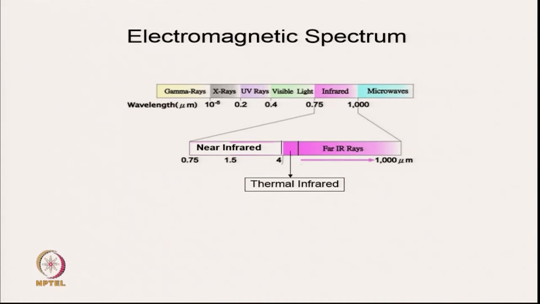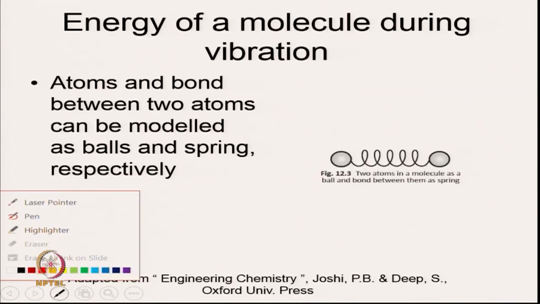One is near infrared, which goes from 0.75 micrometer to 4 micrometer, and then thermal infrared, which is around 4 to 50 micrometer, and after that you have far infrared, which goes till 1000 micrometer.